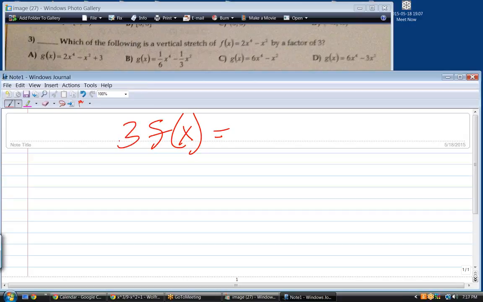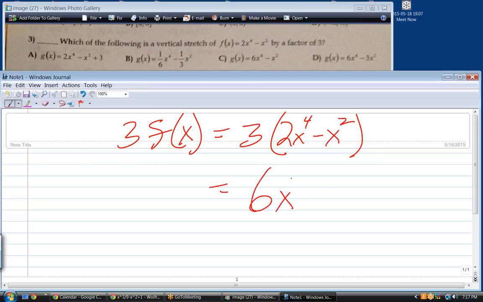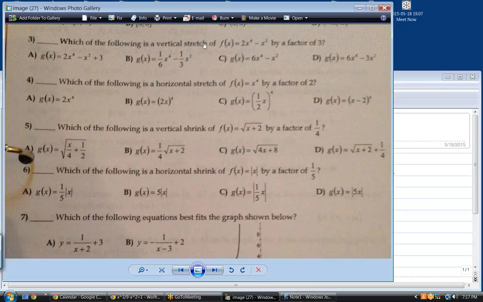If I multiply in front of the function by a number, that's a vertical stretch. So I'm going to do 3 times f of x, which is 2x to the 4th minus x squared. Just carry out that multiplication, and whatever we get, that's going to be our answer. D. Yeah, and it is D, based on the answer. Yeah, no, that one I knew for sure.